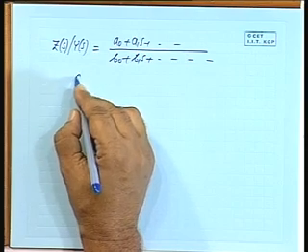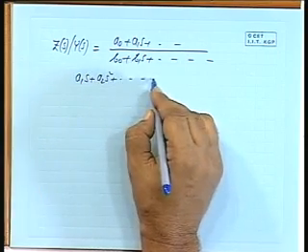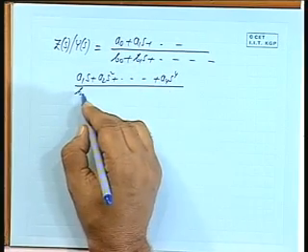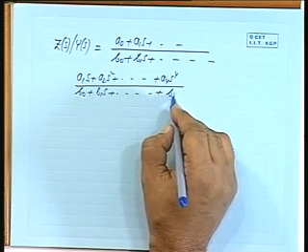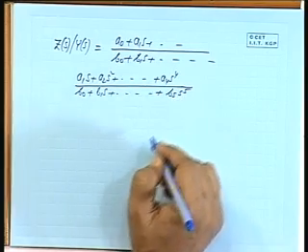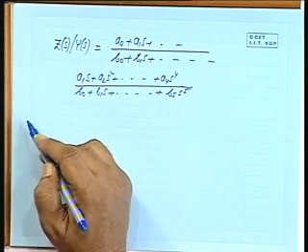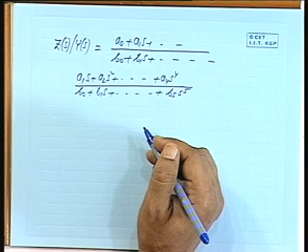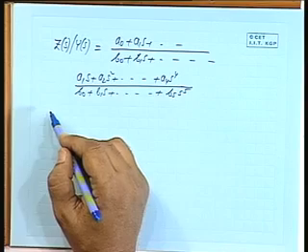Can we have a situation like this, A1S plus A2S squared up to A4S4 divided by B0 plus B1S plus say B5 S to the power 5 or maybe B4 S to the power 4. Is it possible to have the first term absent? Is it possible? That means the first coefficient A0 absent.